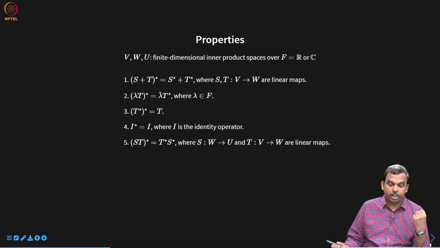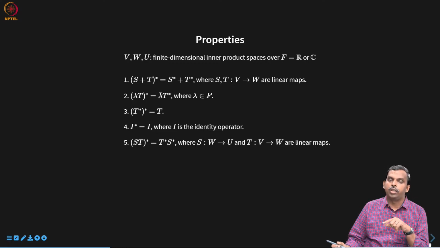If S and T are two linear maps from V to W, and you look at the linear map S plus T, and you ask what its adjoint will be, it turns out that it is equal to the adjoint of S plus the adjoint of T. So this is additivity for the adjoint.